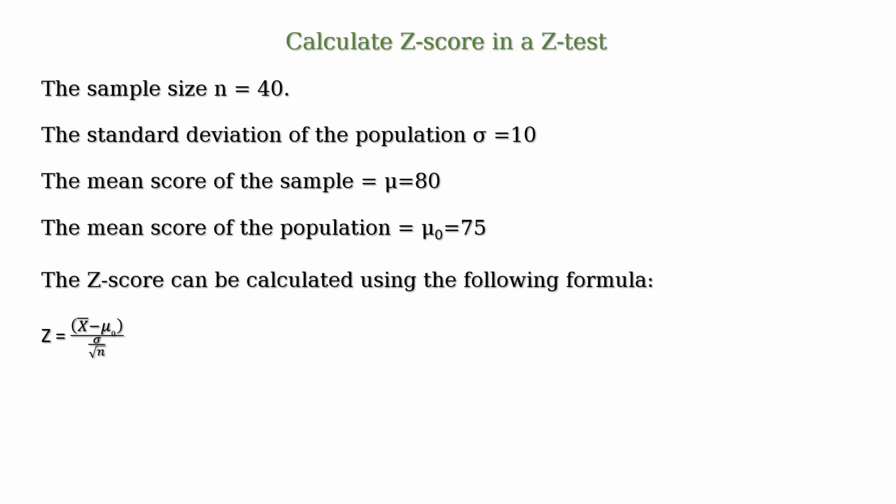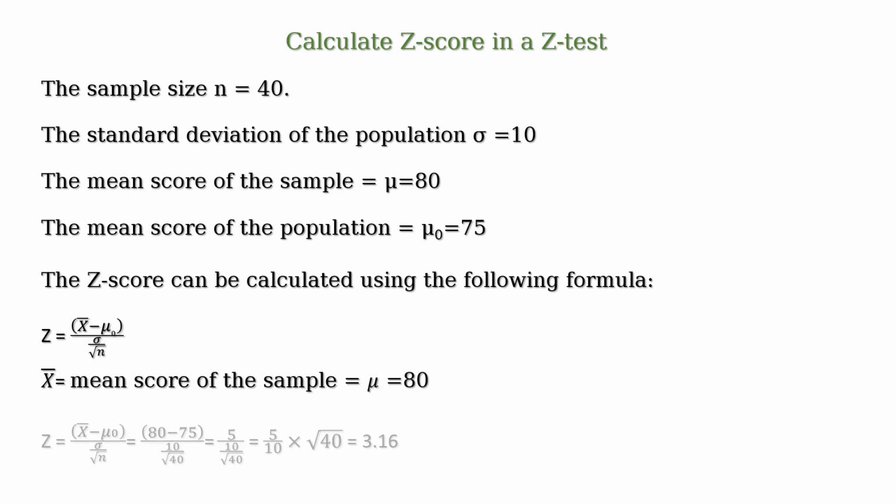At this point, we can go ahead and calculate the test statistic. The z-score can be calculated using the following formula. Z is equal to x bar minus mu0 divided by sigma by root n. Here, x bar is the mean score of the sample, that is equal to mu equal to 80. So, if we put all the values, we get z-score equal to 3.16 after calculation.